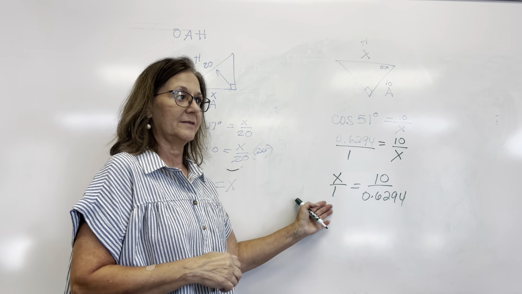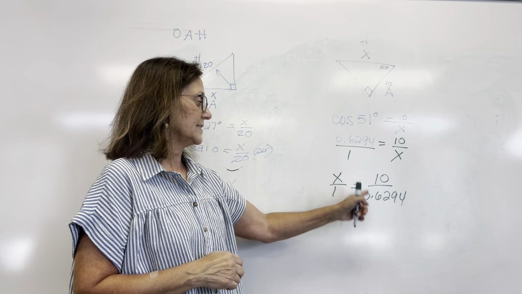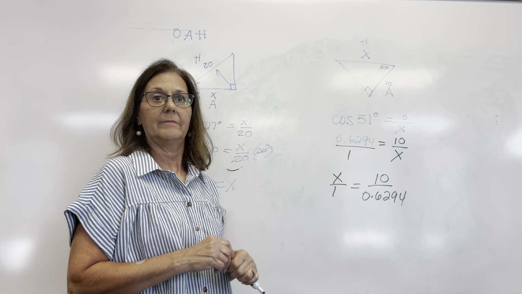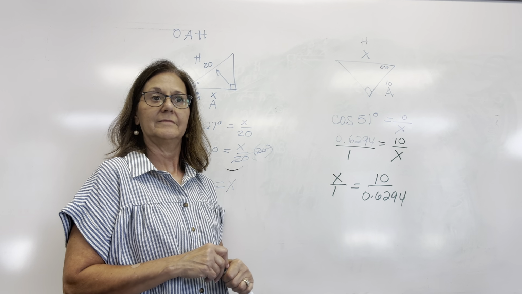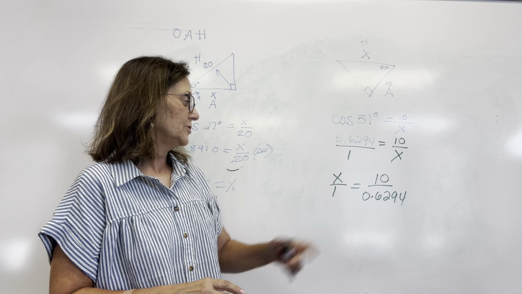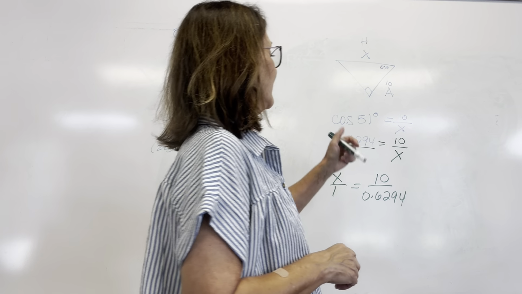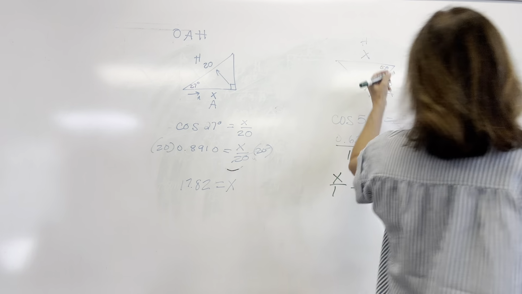X over 1 is just X. So the value of X is 10 divided by that. What is that? Do the math. 10 divided by 0.6294. 15.8881.